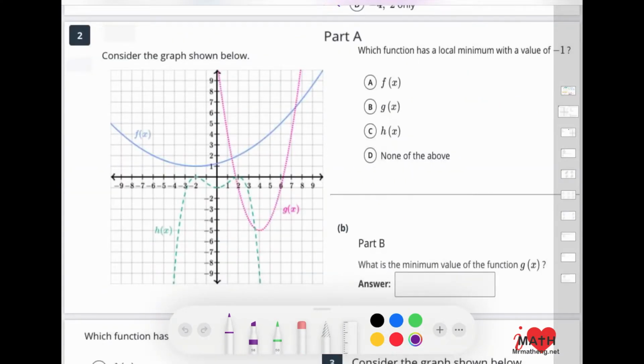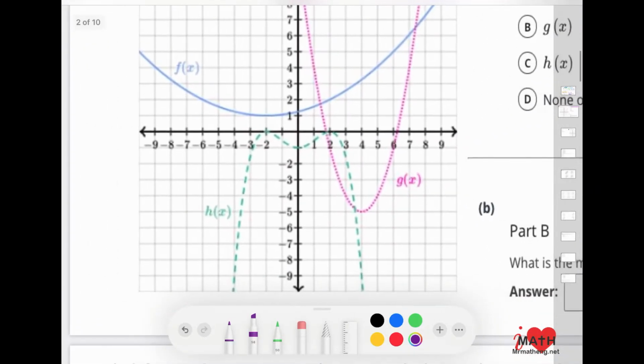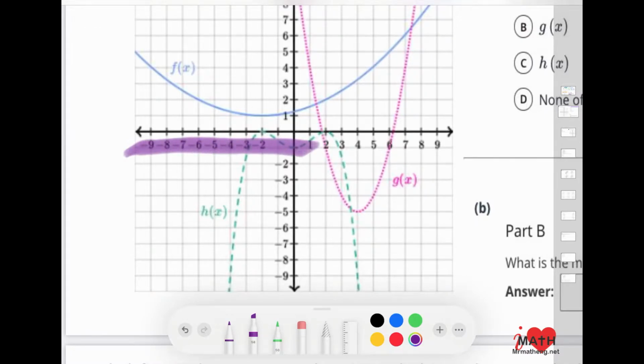All right, let's go over question number 2. Part A here says, which function has a local minimum of a value of -1? So if I go down to a y value, and I'm going to make my purple line there, does any of those graphs hit that purple as a low point? Well, the blue one does not, f of x does not.